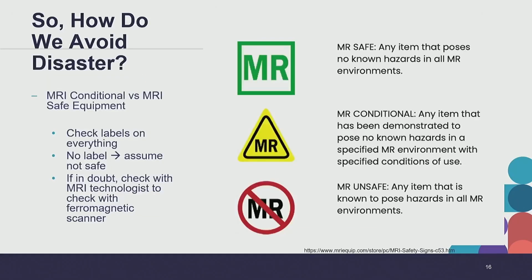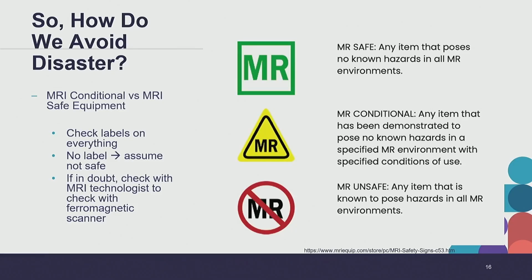All right, so how do we avoid disaster in the MRI suite? So if you look at packaging, it will often have one of these three symbols on it. So the one on the top is MRI safe, and there's no known hazards of this device in the MRI environment. Something like a plastic catheter or a Foley with no metal in it at all.